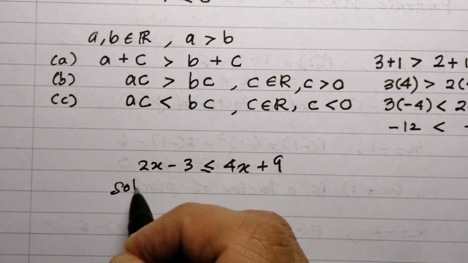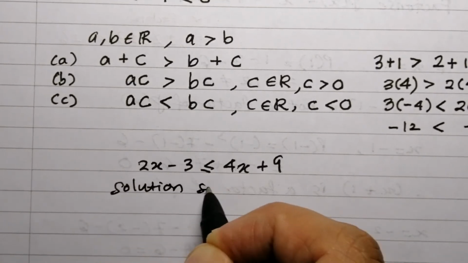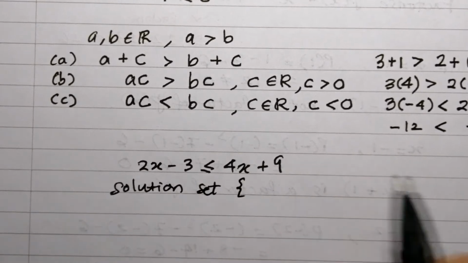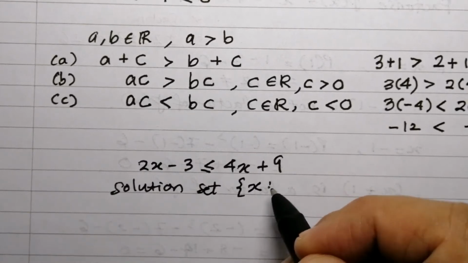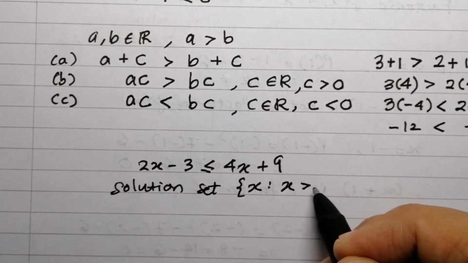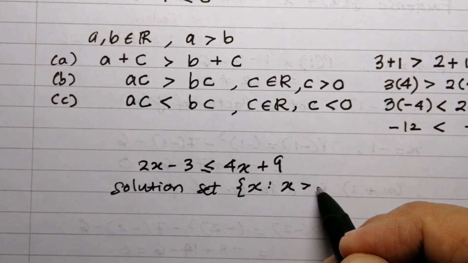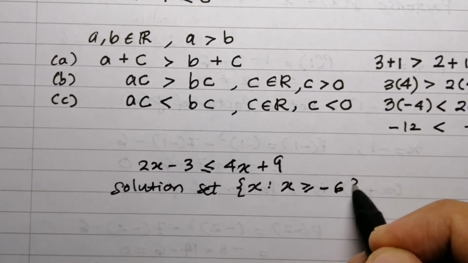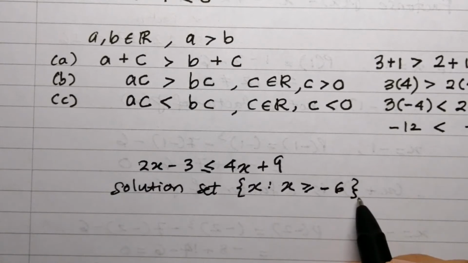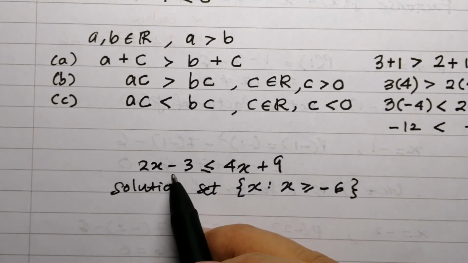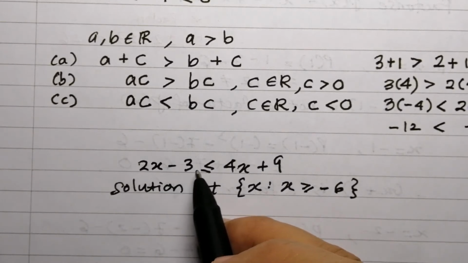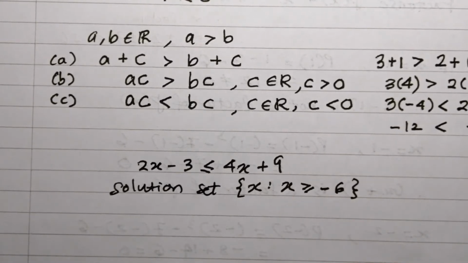The set of numbers that satisfies the inequality is called the solution set. Here x is more than or equal to negative 6. That means all the values more than negative 6, including negative 6, satisfy the inequality when we substitute them in.